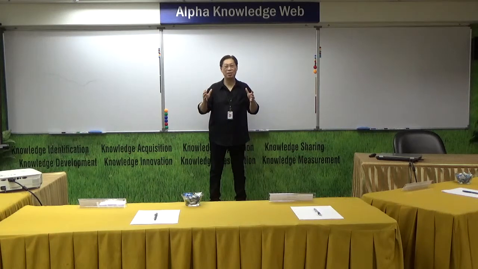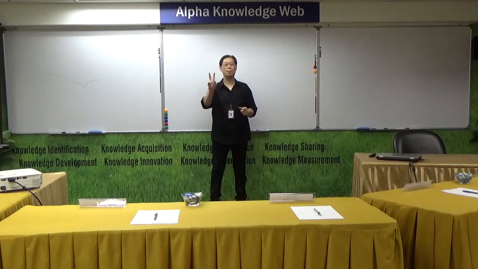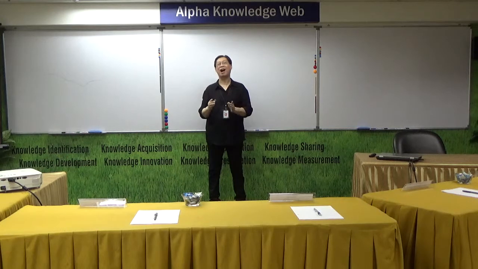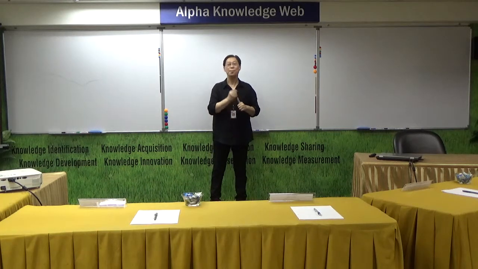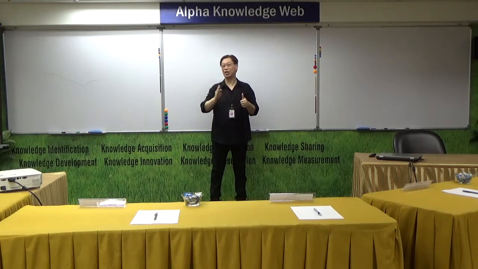And to enable a person to implement the practice of knowledge identification very effectively, he can also use two knowledge tools. First, the knowledge identification system, and then secondly, knowledge profiling.